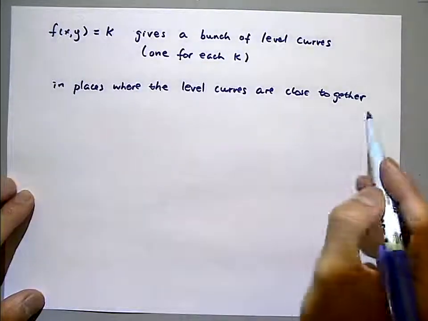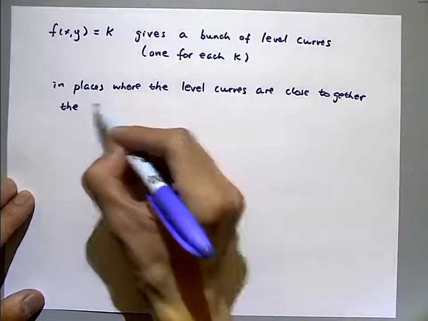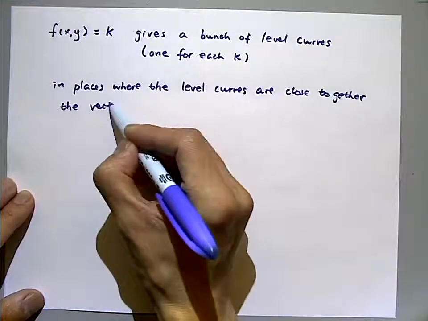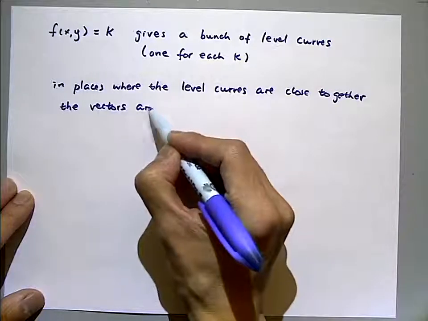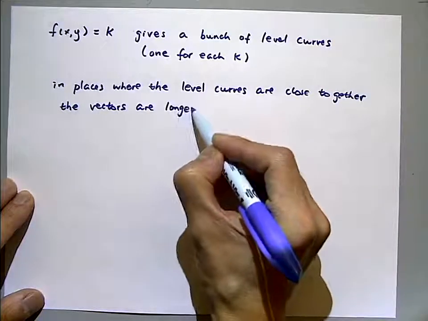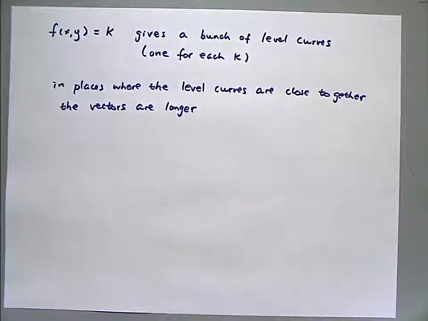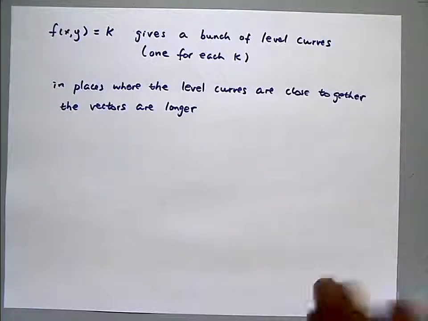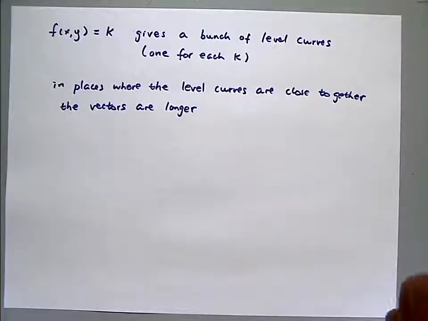In places where they're close together, the vectors are longer. And the reason is because these vectors are gradient vectors. The gradient tells you the direction of maximum change and the maximum directional derivative.